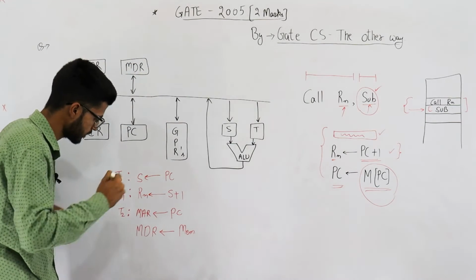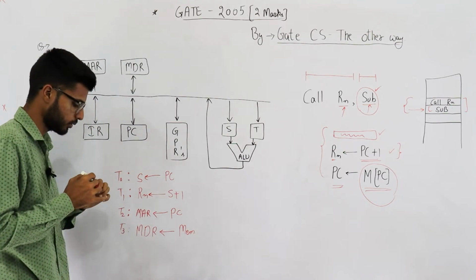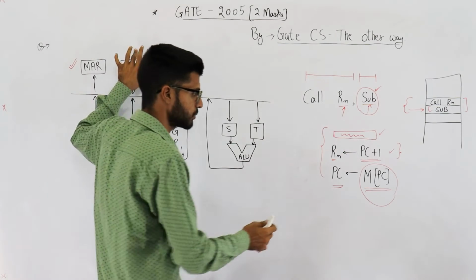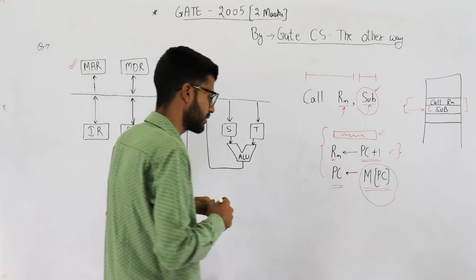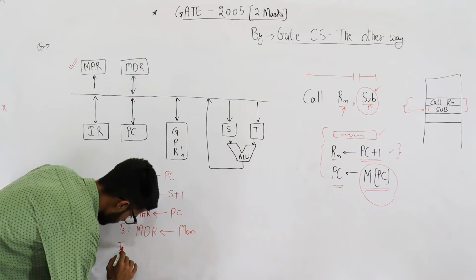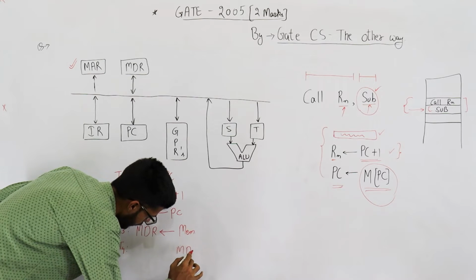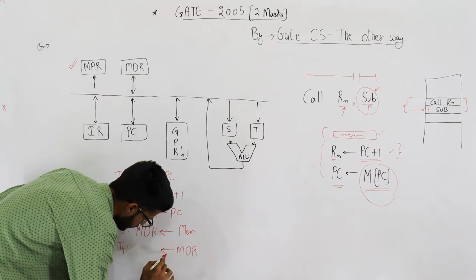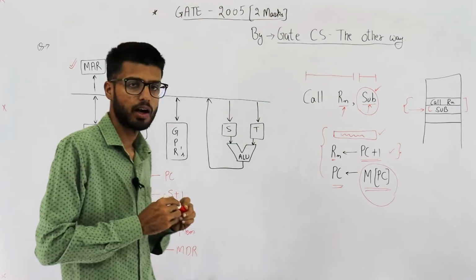So this one is the fourth clock cycle. Now, whatever we have read must be saved into PC. This value we have just read must be saved into PC. That means the fifth clock cycle will be: MDR's value is copied into the program counter. I hope it's visible.